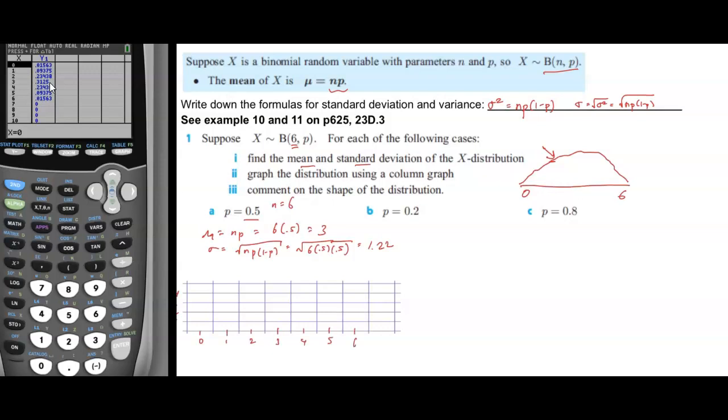It says to make a column graph. So a column graph is not exactly a histogram because the columns won't touch each other. So this is my probability, the probability of x. And here are my x values. So I would have my first value being about 0.015. 0.015 is super small, right?